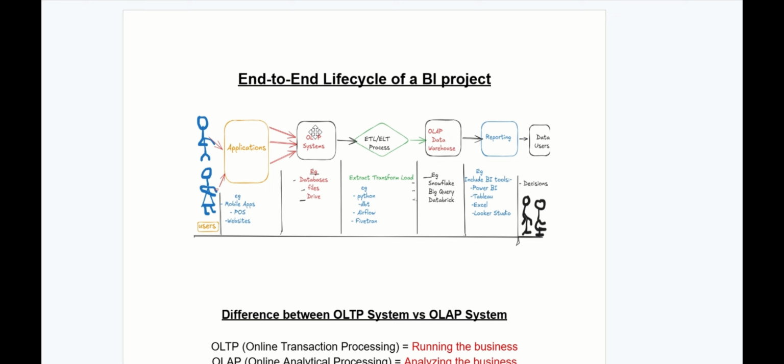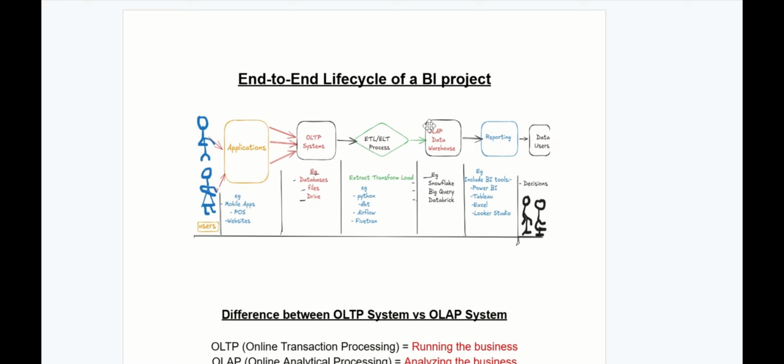It's not recommended to pull the data from the OLTP system into, let's say, Power BI to create that visualization. So in that case, we normally create another system.